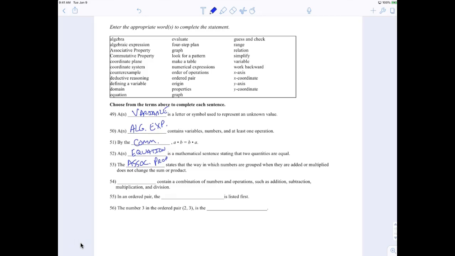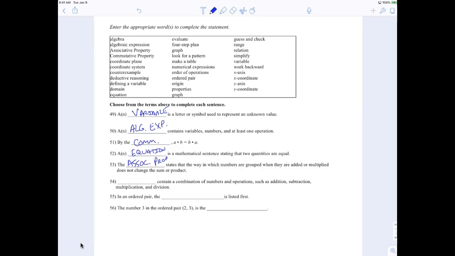Yes, very good. All right, tell me about 54. Blank contains a combination of numbers and operations such as addition, subtraction, multiplication, division, and square operation. Ooh, that's okay. That's a possibility. If they were describing what to do first, second, third, fourth, I think you'd be better. What might be better? Properties would be the reasons why you can add, subtract, multiply, divide.